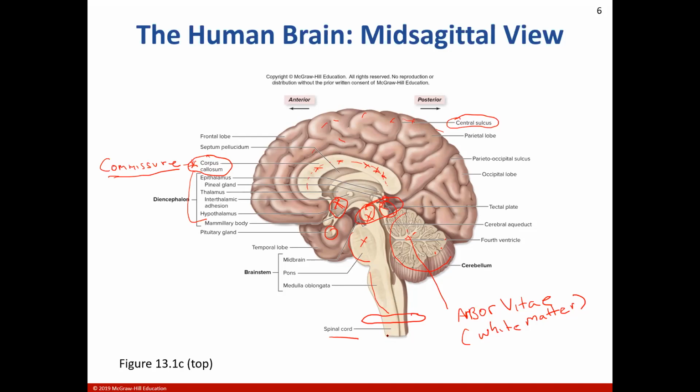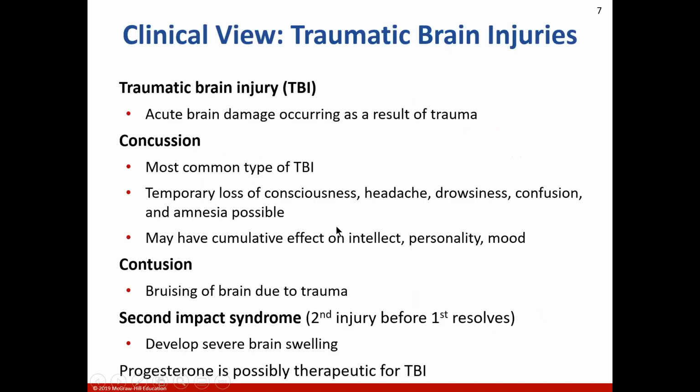And you have your first cervical spinal nerves emanating from there. Remember, the brain and the spinal cord are the CNS, which are just two things. And everything else that's not the brain and spinal cord is considered peripheral nervous system.